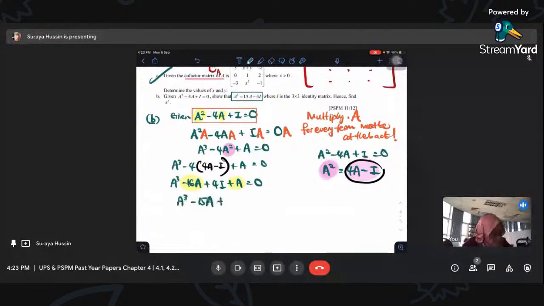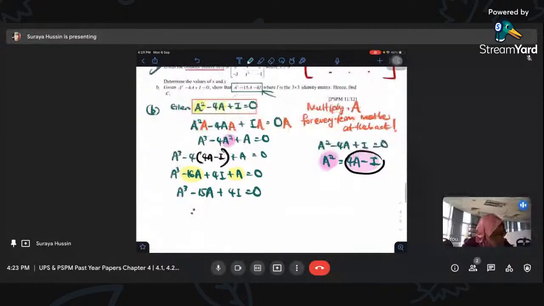Wow, getting there. Getting things that we want to show. So at the end of the day, you will find that A cube is equals to 15A minus 4I. Ta-da! And you have successfully shown to us that you are so clever.